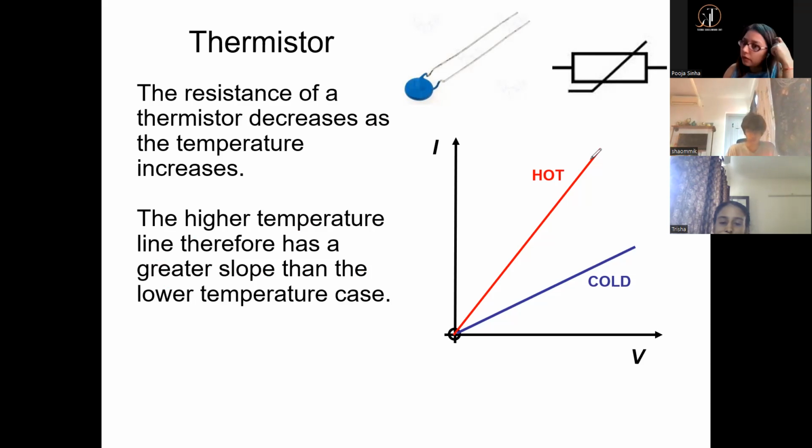Think for yourself: if this is at 50 degrees and this is at 30 degrees, what is it showing? This has a higher gradient, but the gradient of what? 1/R. So R is smaller at the higher temperature, and the gradient of 1/R is steeper. So R will be greater at the lower temperature: higher temperature, less resistance; lower temperature, more resistance. Is that clear, Trisha, Shamik? Yeah.